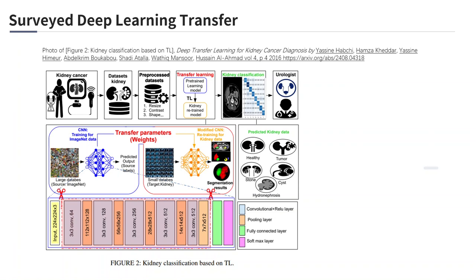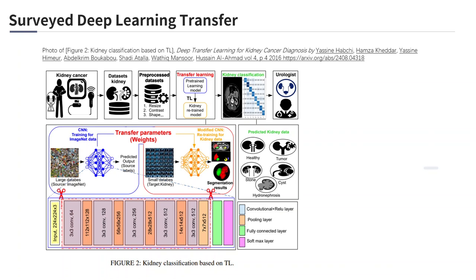That is now the input for the deep learning transfer, and that's a smaller database, a target, that's the input used, and it goes through a modified CNN retraining for the kidney data.